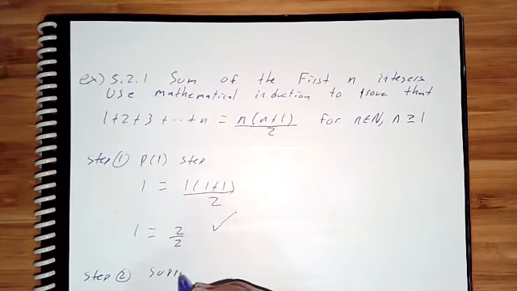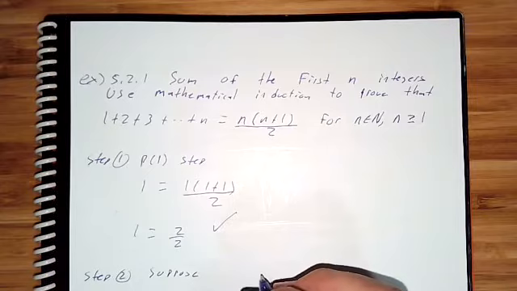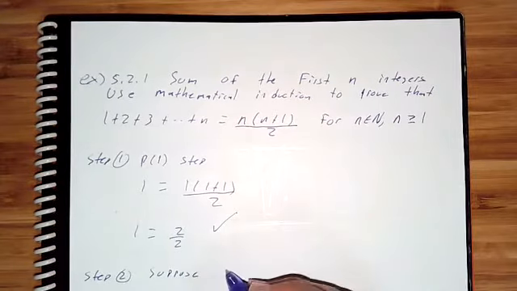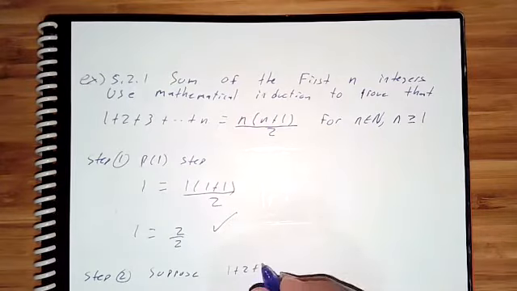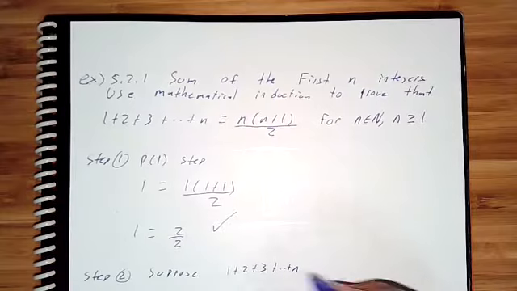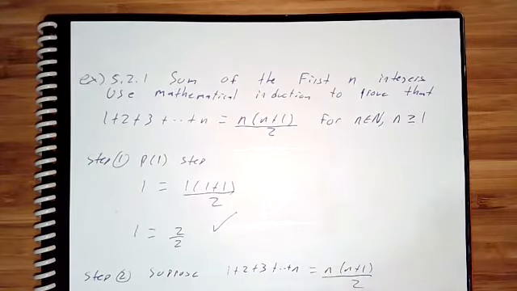Suppose, let's see, that's a good way to phrase this. 1 plus 2 plus 3 all the way to n is equal to n times n plus 1 over 2. Okay, so we're going to suppose this.